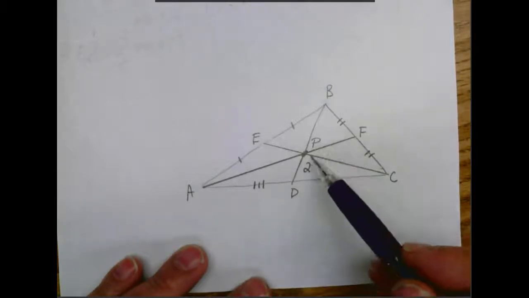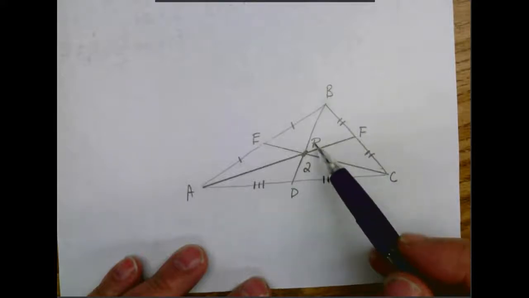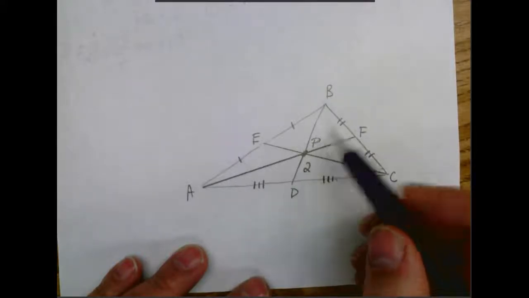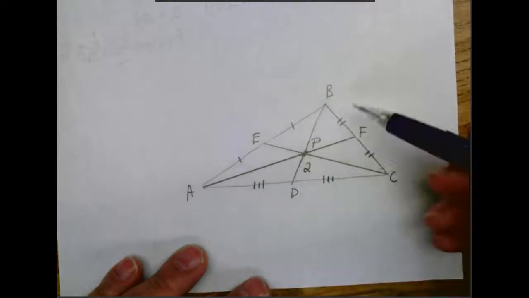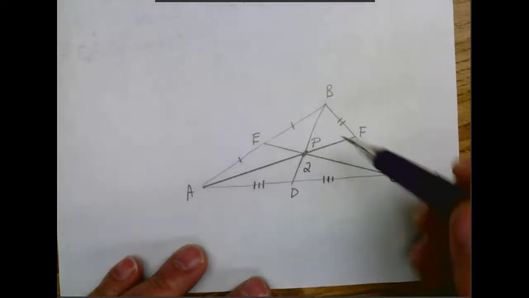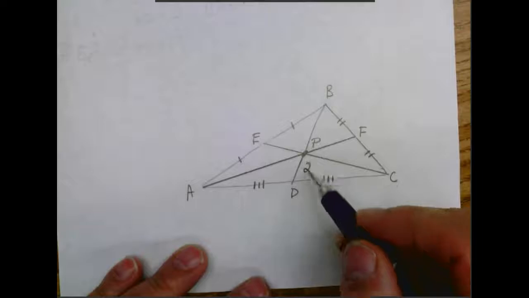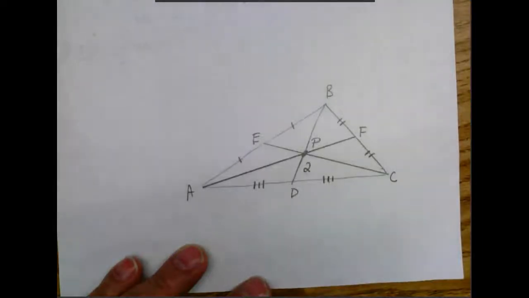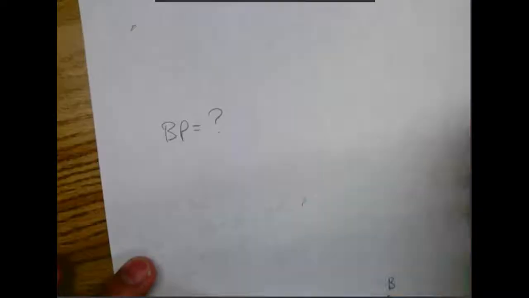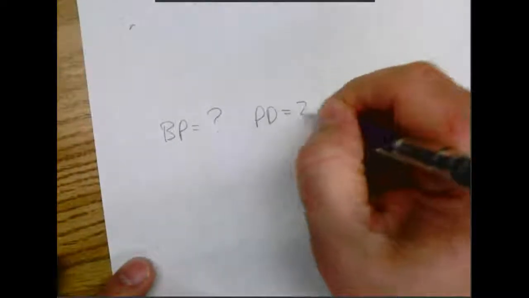And here we have this point here, P, and we know that it's 2/3 of the way, right? What we do know for this one is the smaller side is equal to 2, PD. Okay? And let's say the question is BP equals what? And we know that PD is 2.